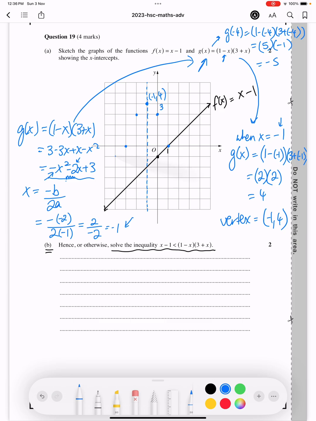So -1, -2, -3, -4, -5. And you have an intersection point right there at -4, -5. And so that point is going to be mirrored on this side here. So now that we know that, we can go ahead and join up the points of our curve very carefully.